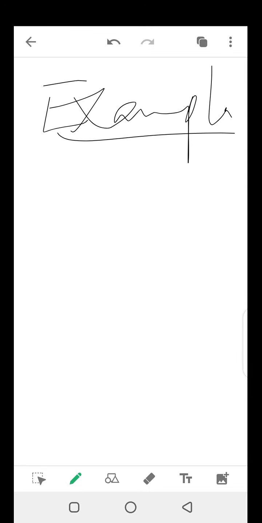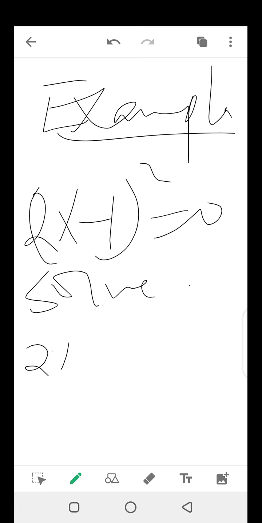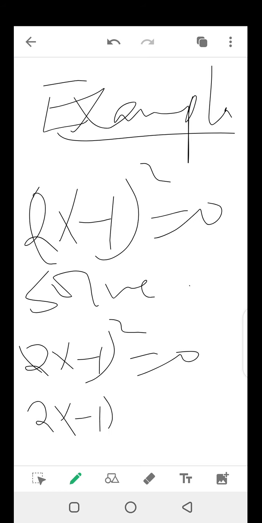Let me start with a small one. If I have 2x minus 1 squared equals 0, and someone says solve. Remember, 2x minus 1 squared equals 0. By expansion, this means you have 2x minus 1 times another 2x minus 1, and this is equal to 0.